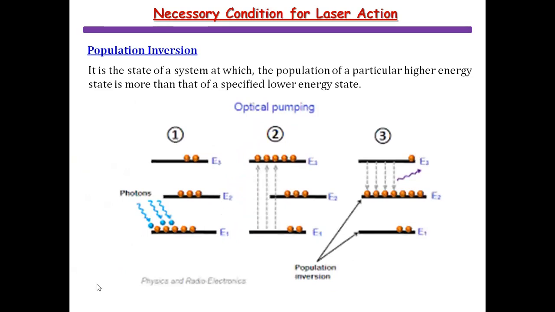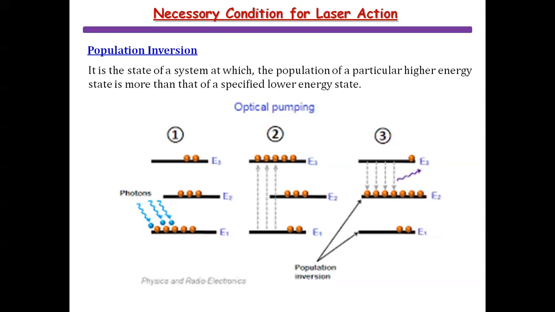If I pump these atoms in the ground state, they will go to E3, the ordinary excited state. From there, they will fall back to E2, which is a metastable state. And in step 3, you can see the number of atoms in E2 will be more than the number of atoms in E1. Thus, we say that we have achieved population inversion.